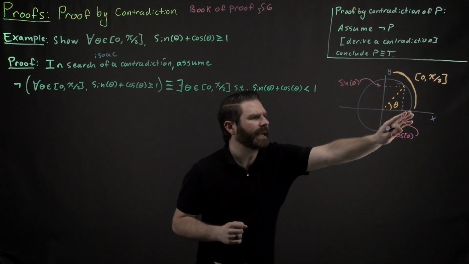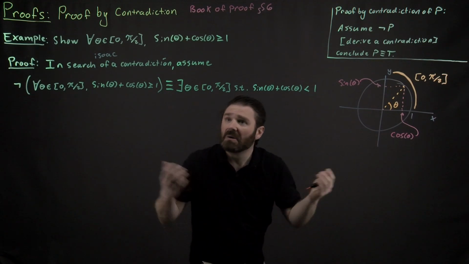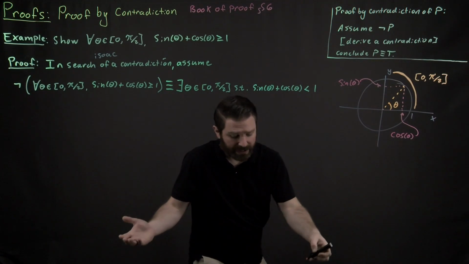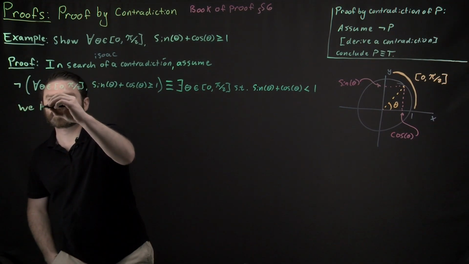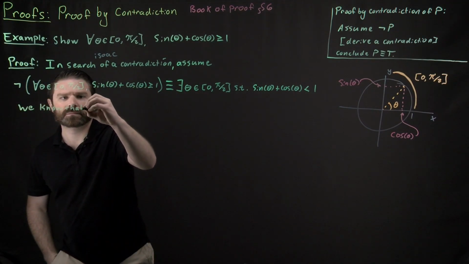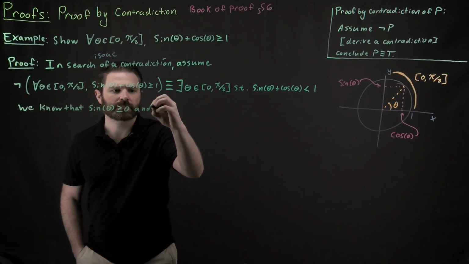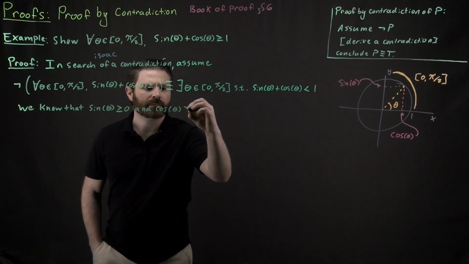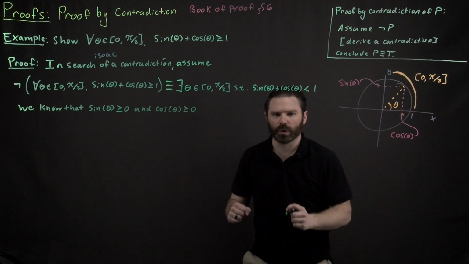Well, notice over here, x is positive, and over there, y is positive. That's a nice thing to know, so let's go ahead and jot that down just because we know it's the case. So it gives us a little bit more information to work with.